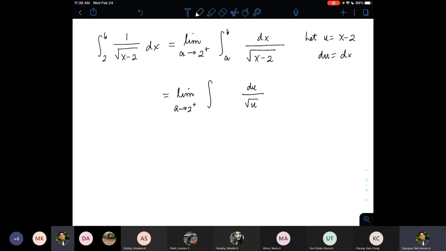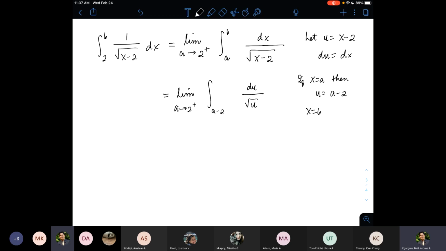But remember that when we change the variable, we also need to change the bounds. So if x is equal to a, then u is equal to a minus 2. So the lower bound now becomes a minus 2.